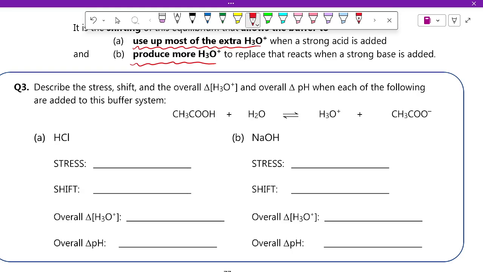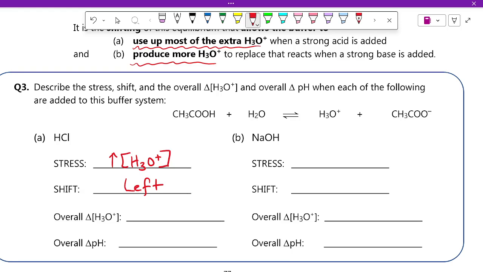When we add HCl, what is the stress? Yeah, increase in concentration of H3O+. So the shift is to the left.